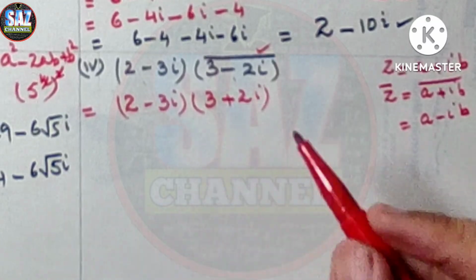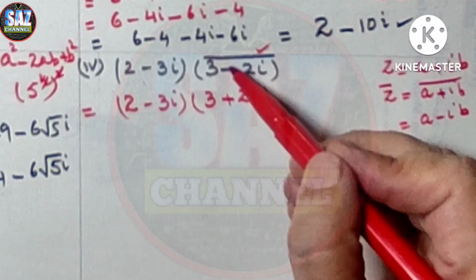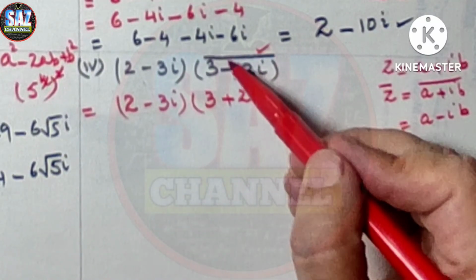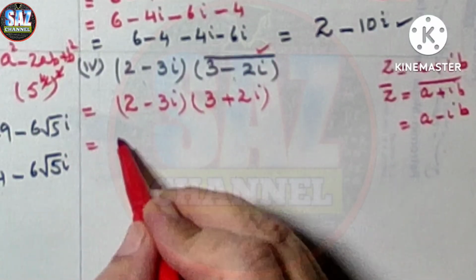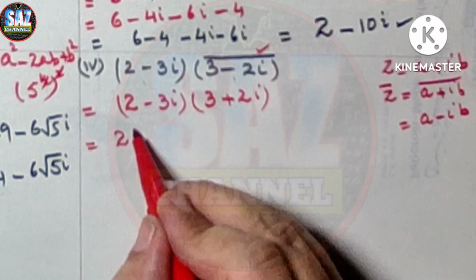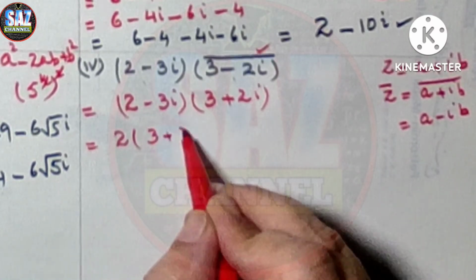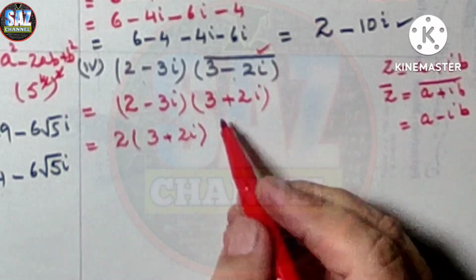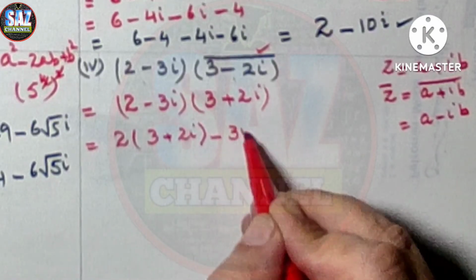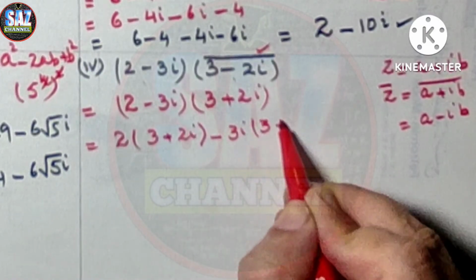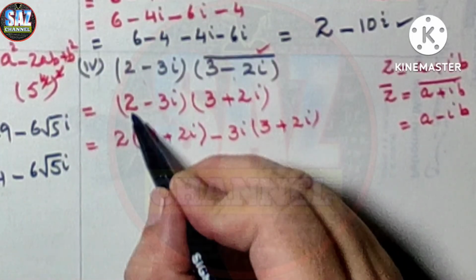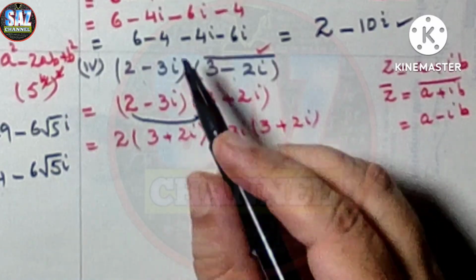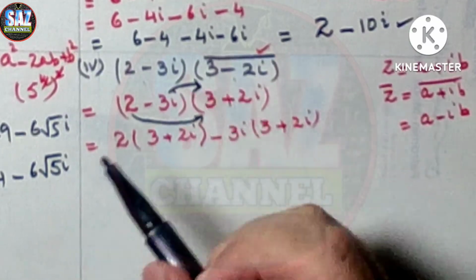Now look carefully that this was a minus sign. The conjugate has changed the sign of this complex term, and now apply the distributive property. 2 into 3 plus 2 iota minus 3 iota into 3 plus 2 iota. Let me show the working here, multiplying these two brackets.